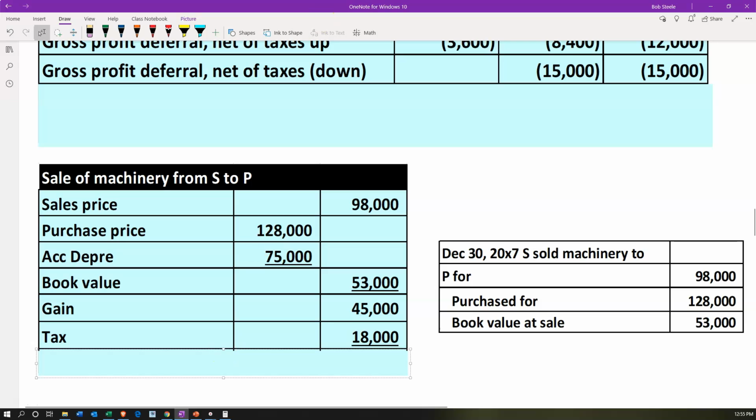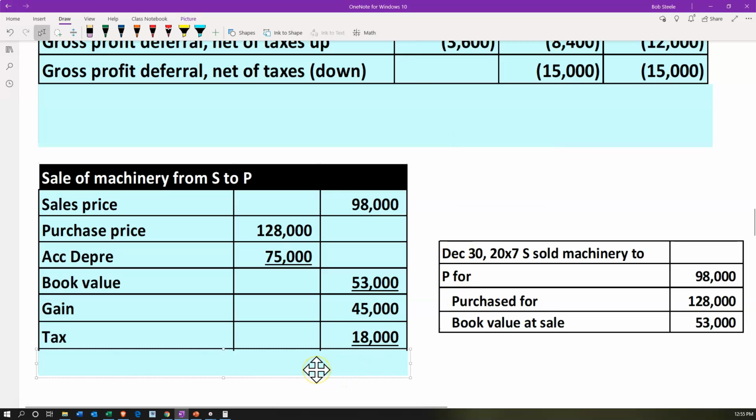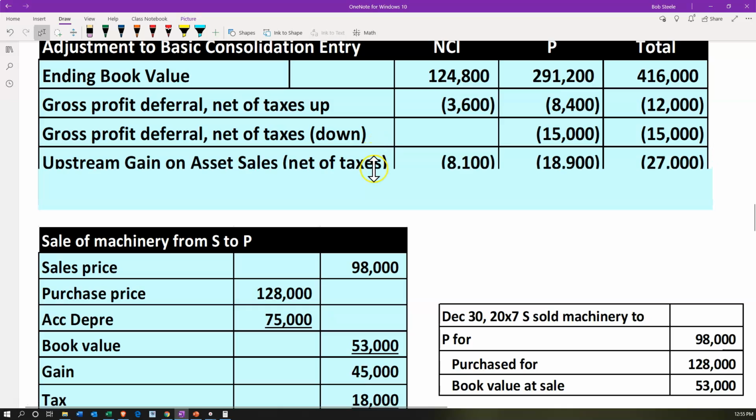The tax effect on that will then, of course, be that we're using just that 45,000. So we're going to take the 45,000 times the tax rate of 40%, and that's going to be the 18,000 tax. So then the after tax is going to be the 45,000 minus the 18,000 or the 27,000. That then is going to be our last component to this table up top that we're going to be including.